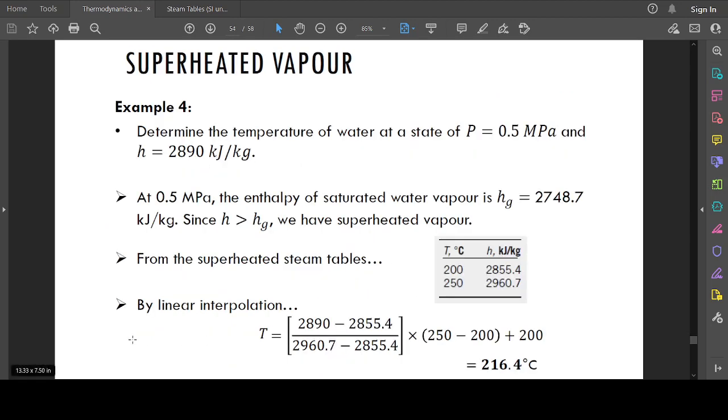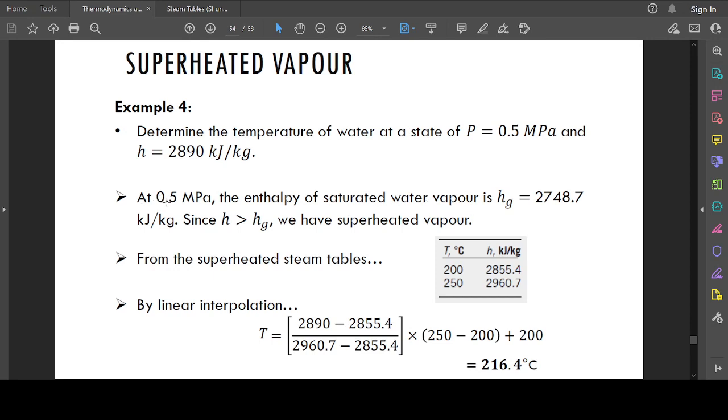So the fourth example here: to determine the temperature of water at a state of P equals 0.5 megapascals and enthalpy of 2,890 kilojoules per kilogram. First of all, we know the pressure here is 0.5 megapascals, okay? So we need to find the corresponding saturation enthalpy for water vapor.